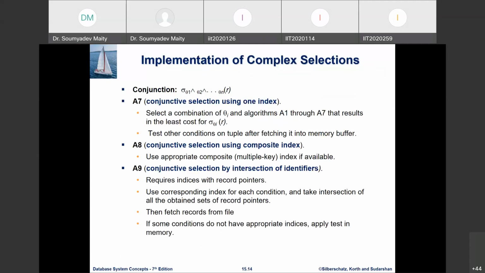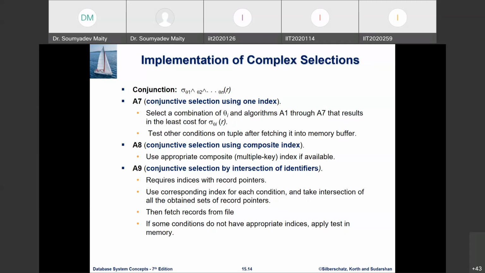Now, next is what else you can do. Suppose you don't have any composite index, but you have simple index files available for the attributes involved in the selection conditions theta 1 to theta n. What you can do is apply each of those conditions on the index file itself. Remember, not on the data file.